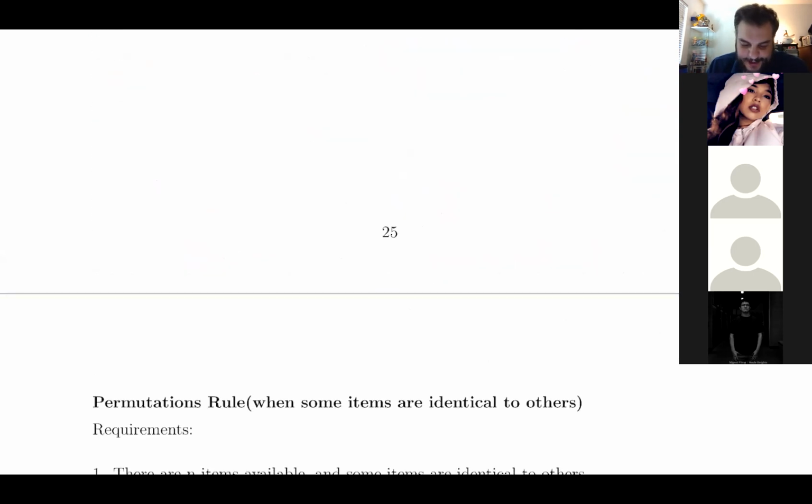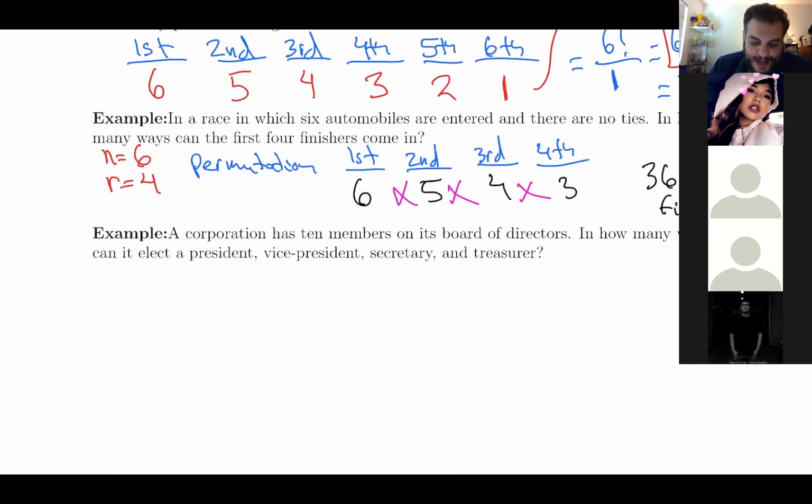All right. So let's do this last one. It says a corporation has 10 members on its board of directors. In how many ways can it elect a president, vice president, secretary, and treasurer? For this one, how many different people do they have to choose from? 10.